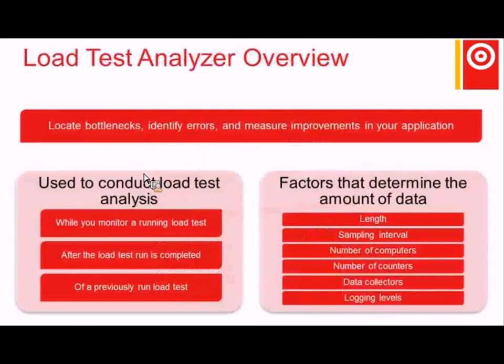Basic load test analyzer overview allows you to identify what errors you're running into. You can locate your bottlenecks. You can see how systems have improved. You can basically use it to analyze how your load test is progressing whilst you're actually monitoring it. So it can give you background into issues like, right, okay, do I need to stop the load test?